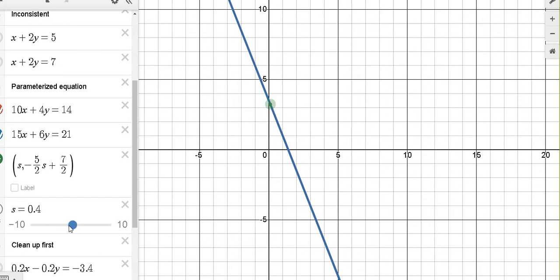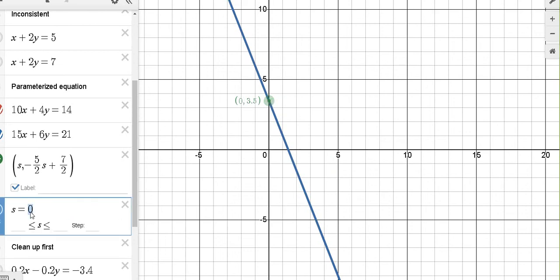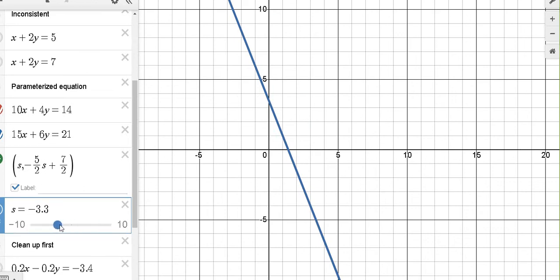If I change my values of S, notice that it always gives me points that are on this line. Let's make S a nice even 0, 3.5, or S equal to 1, etc. Each time I get points that are on this line. So this parametric form of the equation traces out this line.